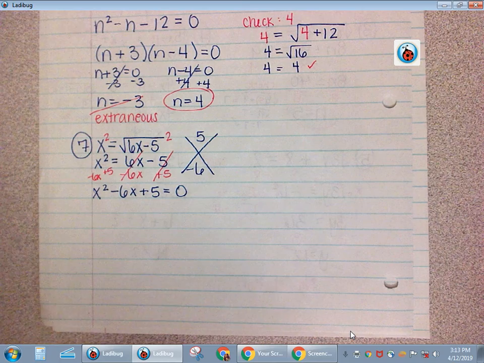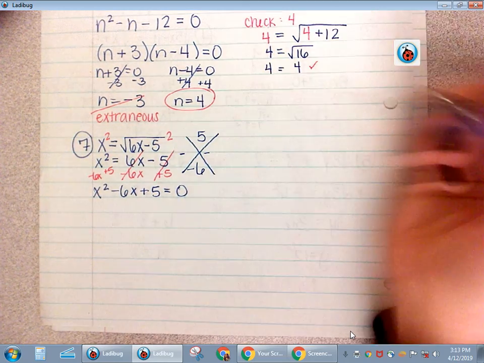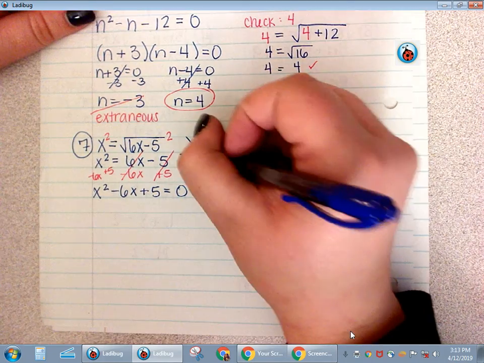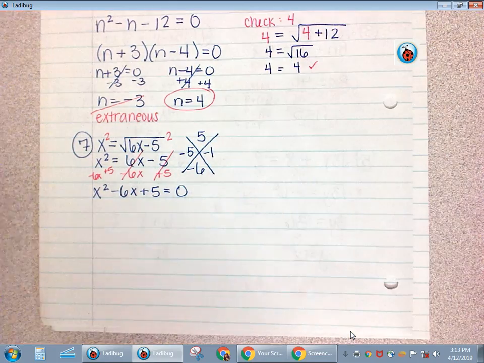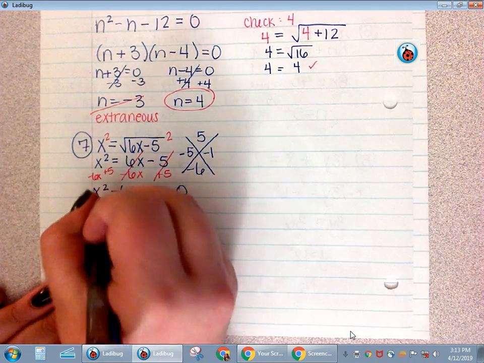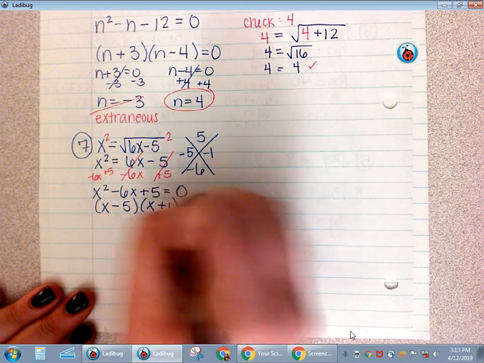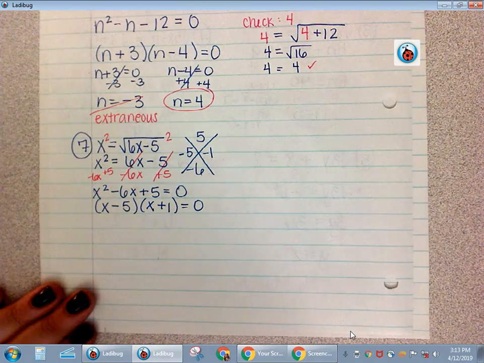Well, to get a positive 5, either we did 2 things that were positive times each other or 2 things that were negative that were times each other. But to add to be a negative, they had to both be negative. And to make a 6, I would have had to do 5 times 1. So negative 5 and negative 1.